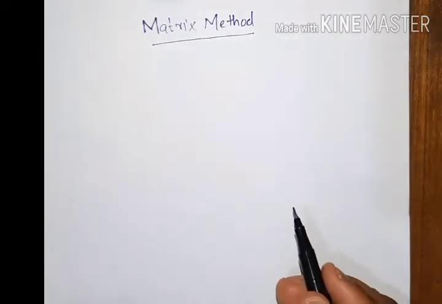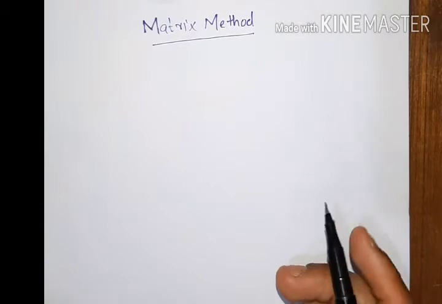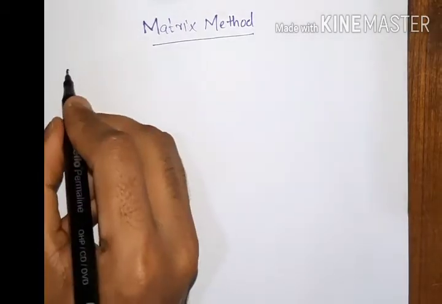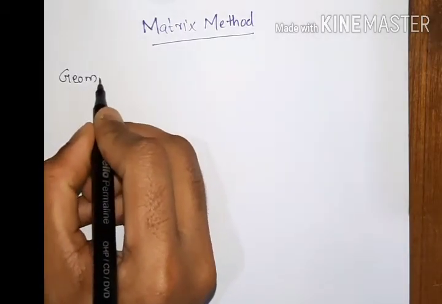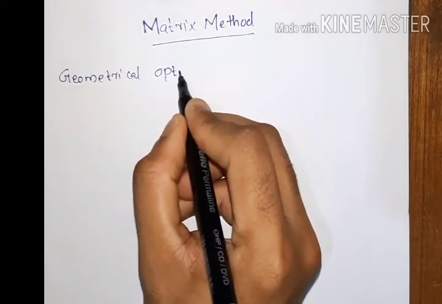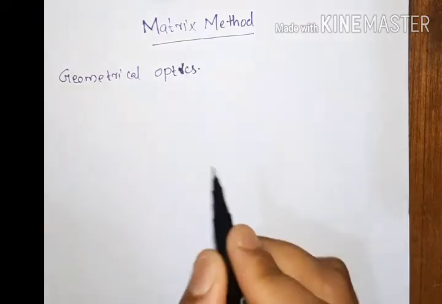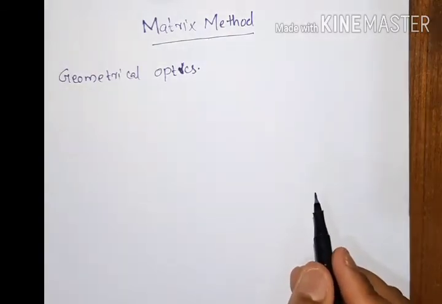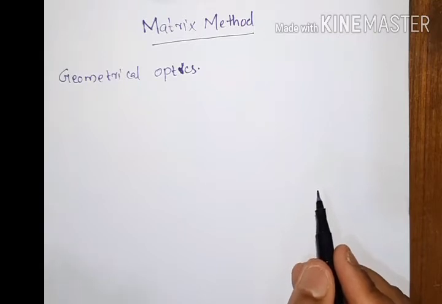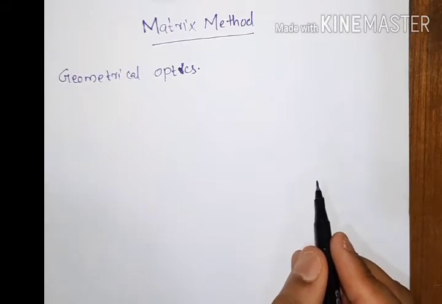It is a special kind of method used in geometrical optics for representing the position or the properties of an image formed by a light ray when it propagates through a medium.